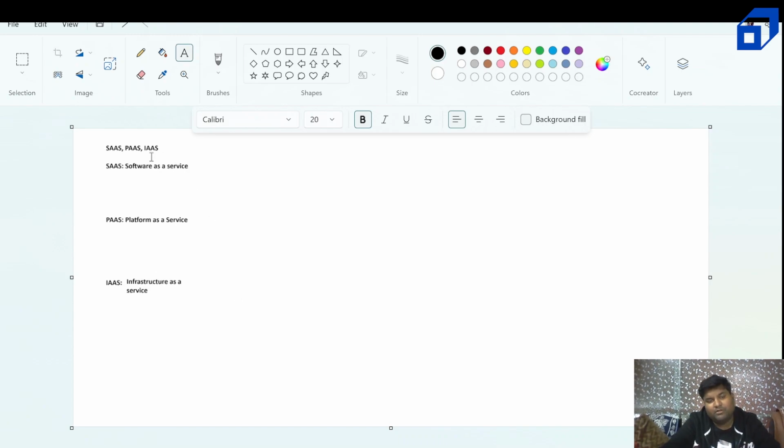So, what does each definition mean, right? These are all concepts of cloud. I wanted to cover it because down the line, when someone is talking about all these terms, people know what we're talking about, right?